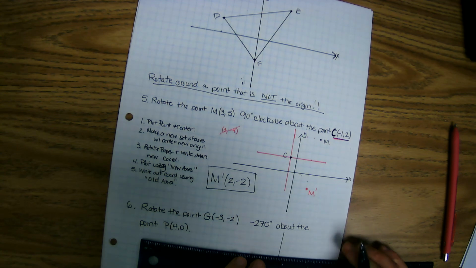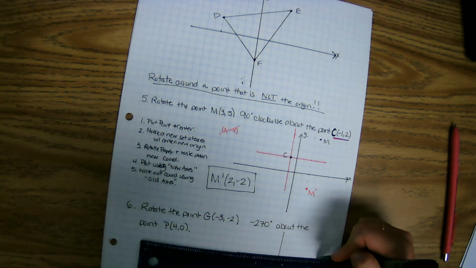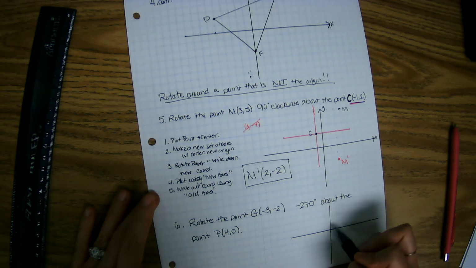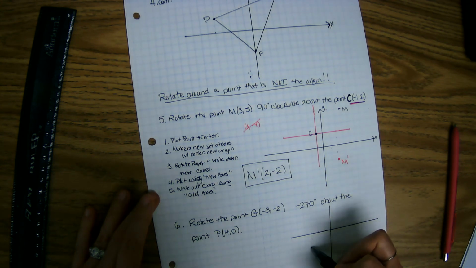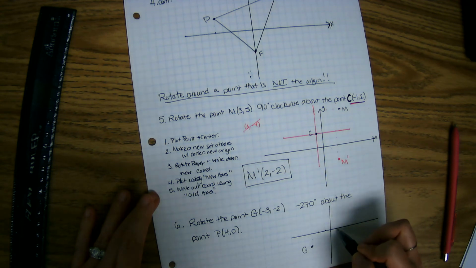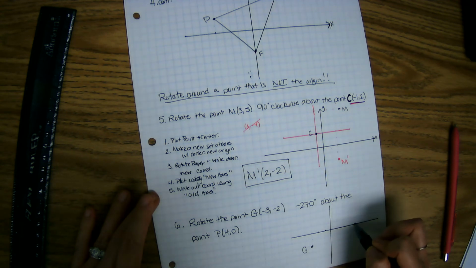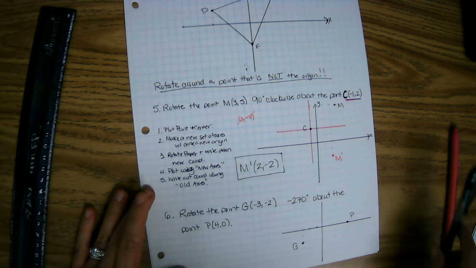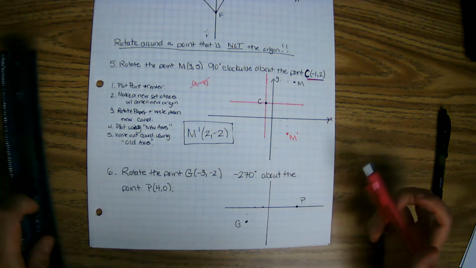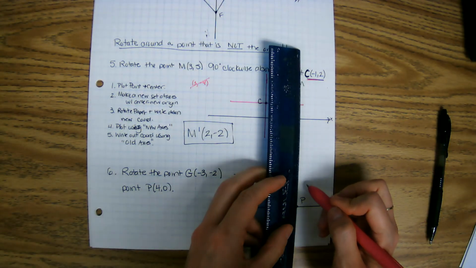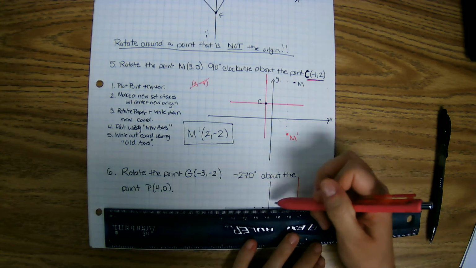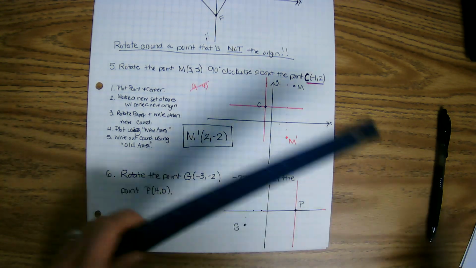Because this is tricky, I want to go through this one completely again. First I'm going to plot the point -3, -2, and that's G. Then my center of rotation is 4, 0, at P. First thing I'm going to do is create a new set of axes, making P my origin. So here are my pink axes. The x-axis is still the same.